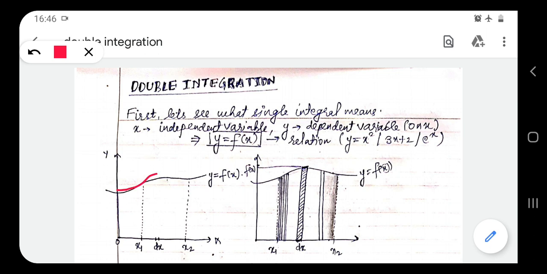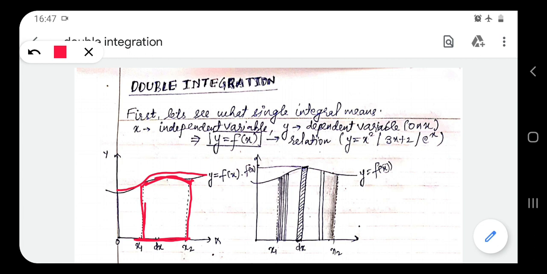And if I want to restrict my x from x1 to x2, these are the straight lines corresponding to x is equal to x1 and x2, and this is the curve for those limits of x.